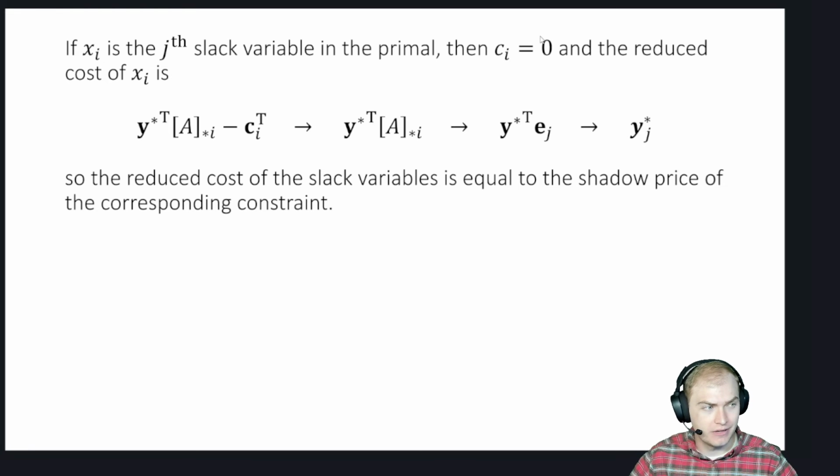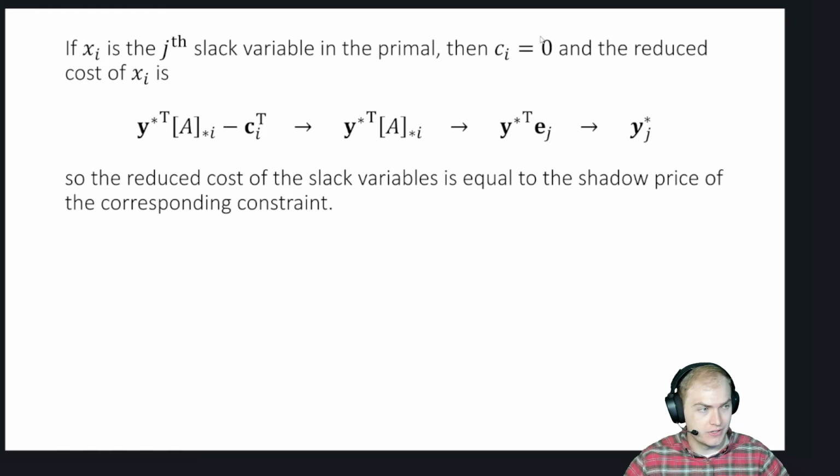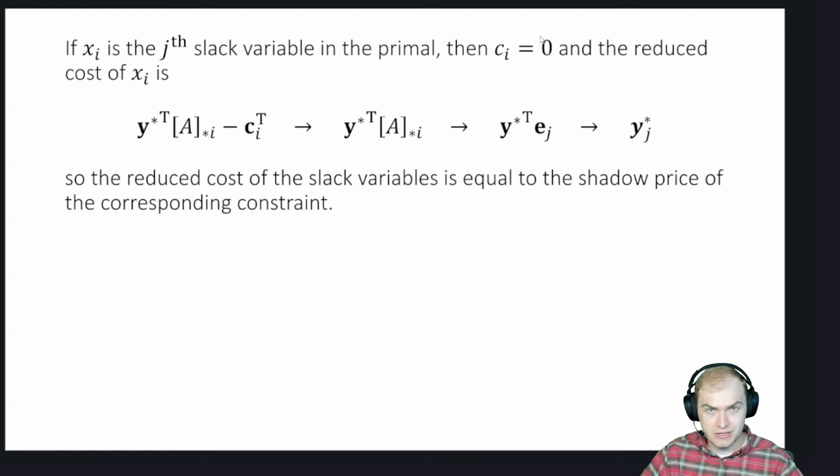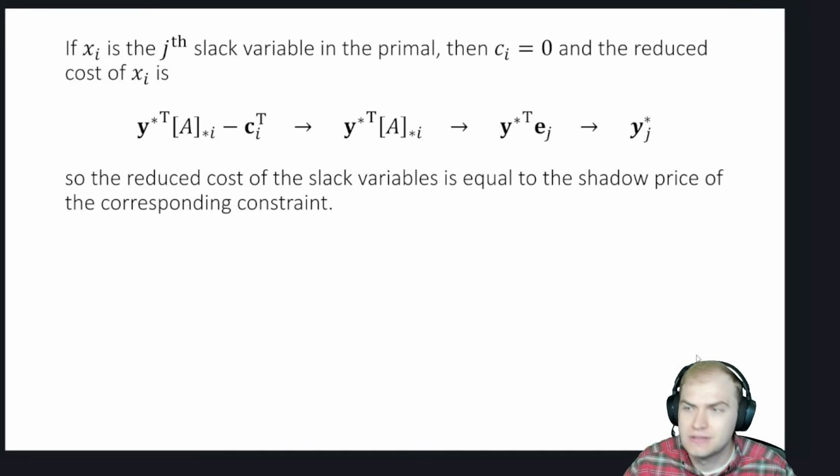It doesn't contribute to the original objective function. So its objective coefficient c_i is 0. And the reduced cost of x_i can be given like this.